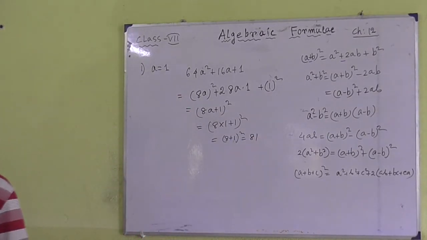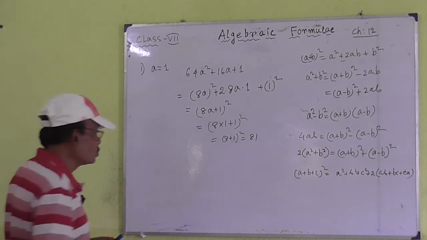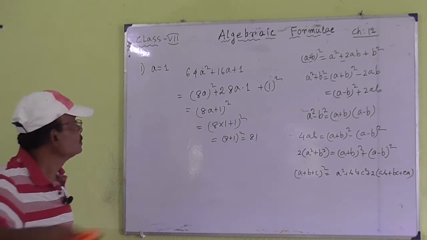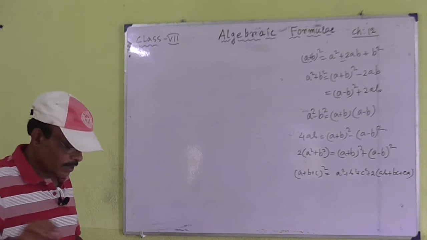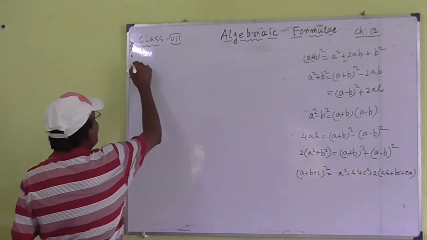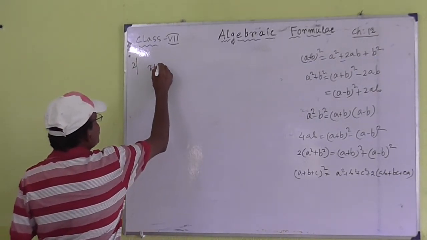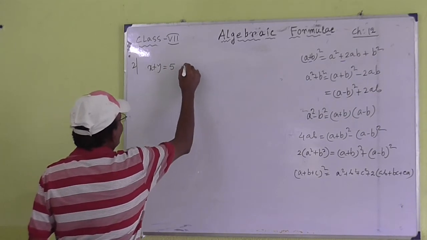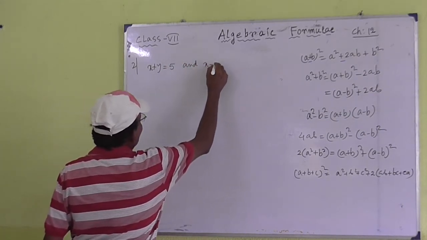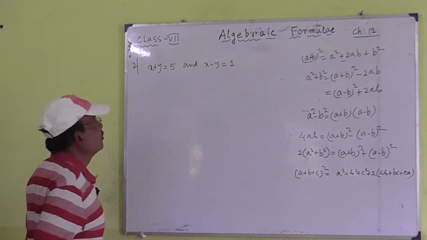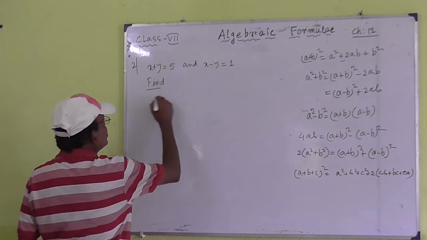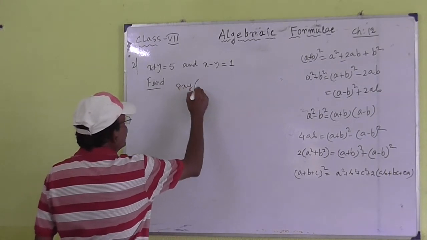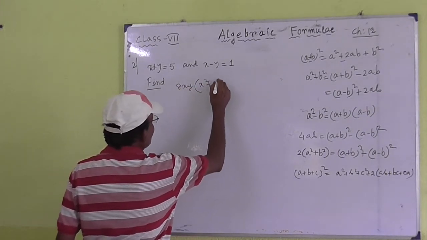Okay. Now, the next sum: if x plus y equal to 5 and x minus y equal to 1, find eight xy into x square plus y square.